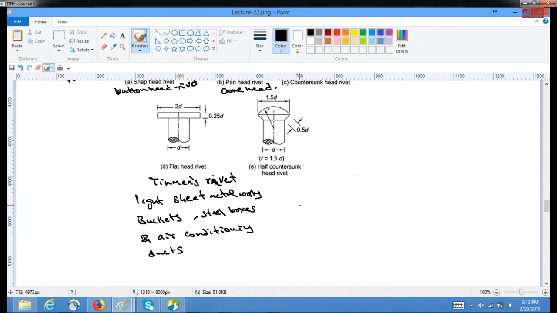So the next one is called half countersunk head, and it more or less represents a countersunk, but with the reduced height of the protrusion, and hence it is called half countersunk head rivet.